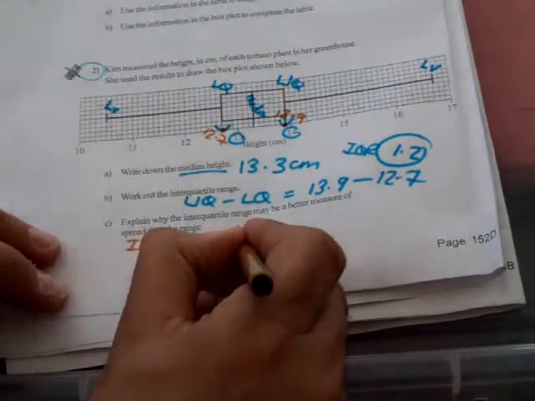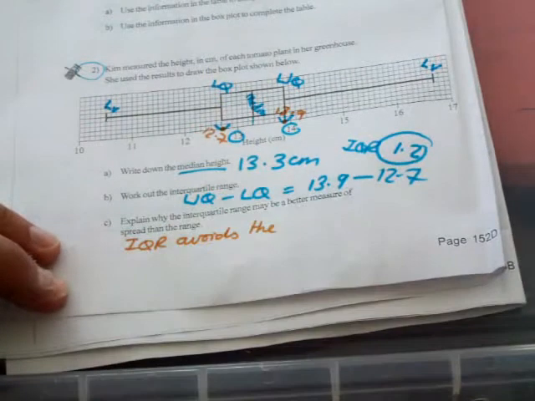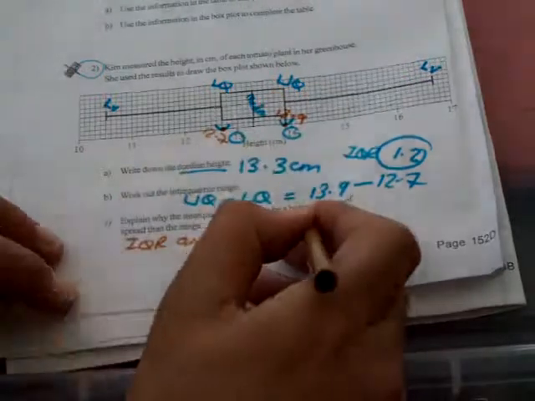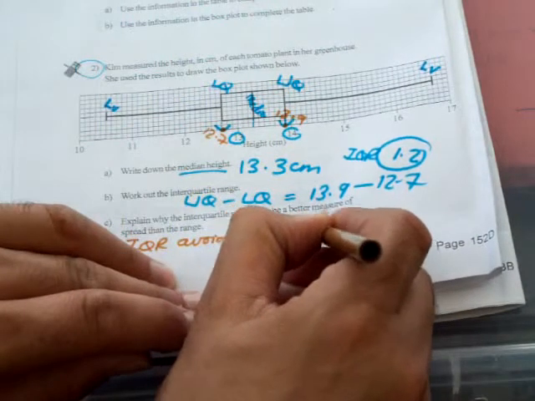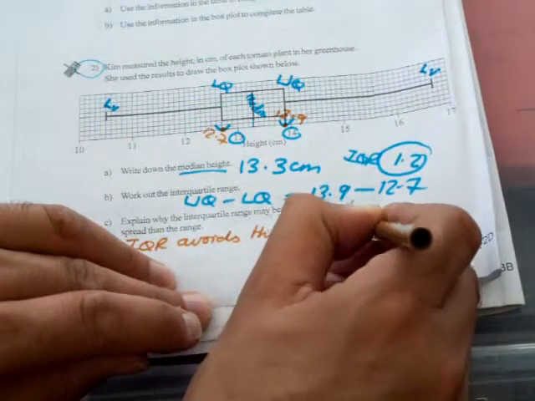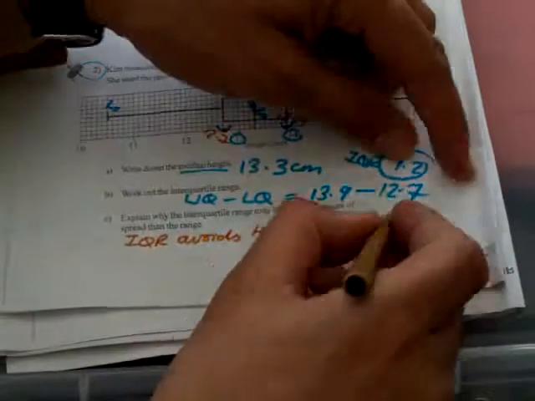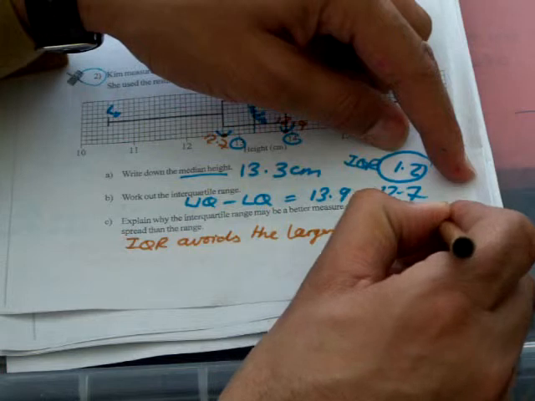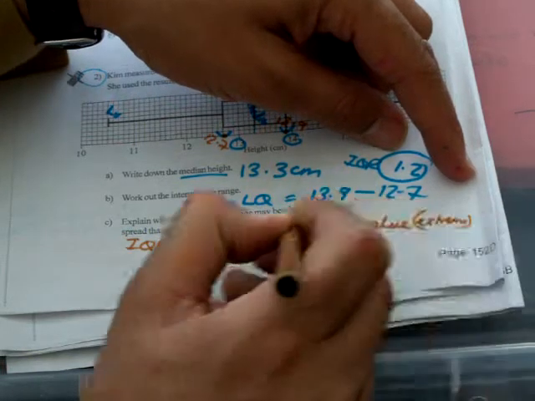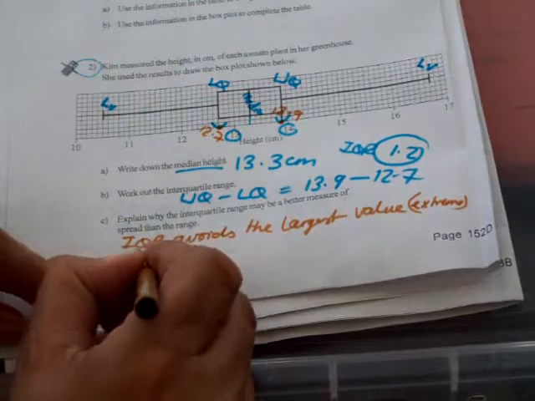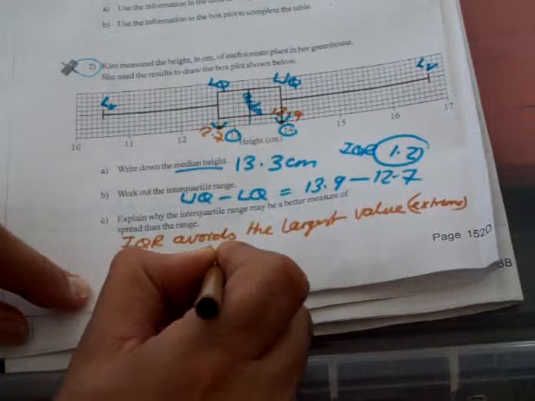Those are the extreme values, the extreme ends of the data.